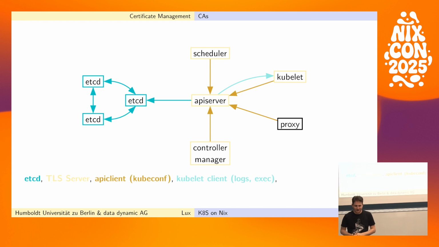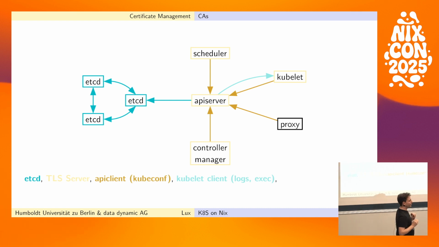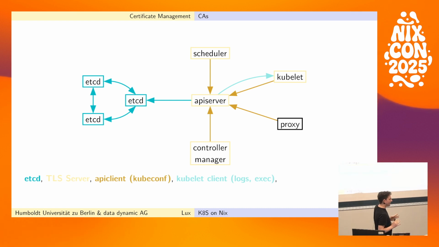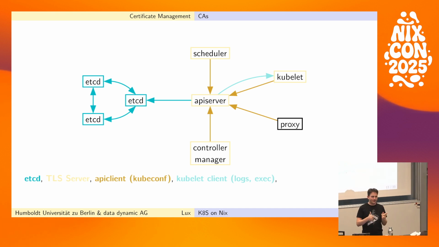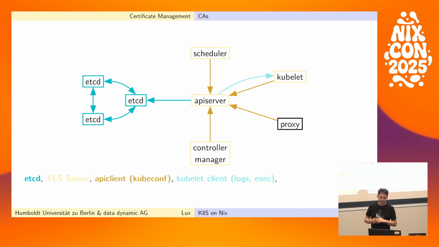Then we need client certificates for everything that talks with our API server. That is here, here, here, and here. We need this API client. For all these cases, we need a kubeconfig, which is a simple config file where we put the client certificate with key, the CA that we trust, so this is the TLS CA used by the HTTP server of the API server, and, well, a URL for where the API server is to be found.